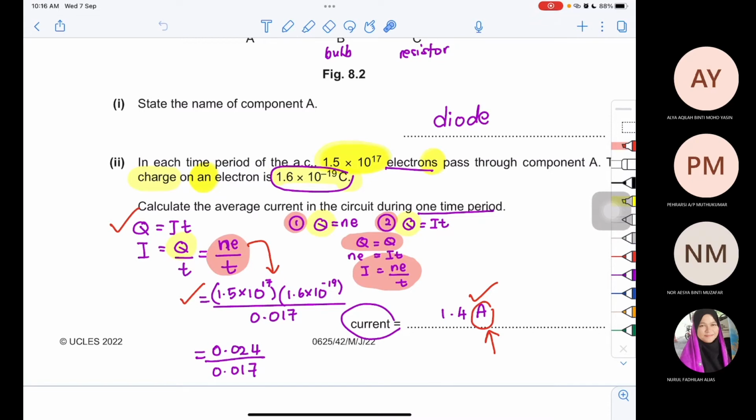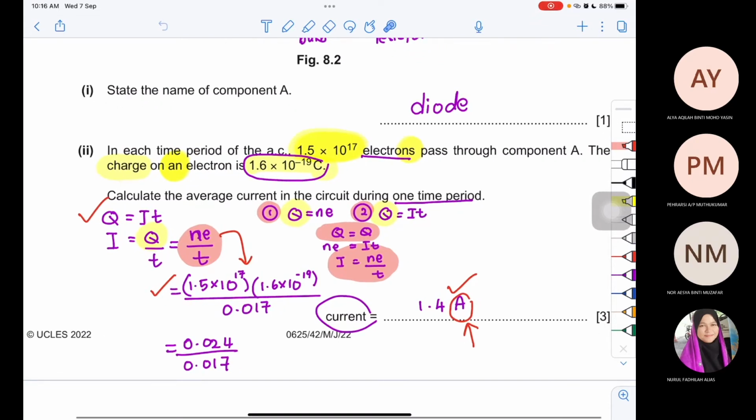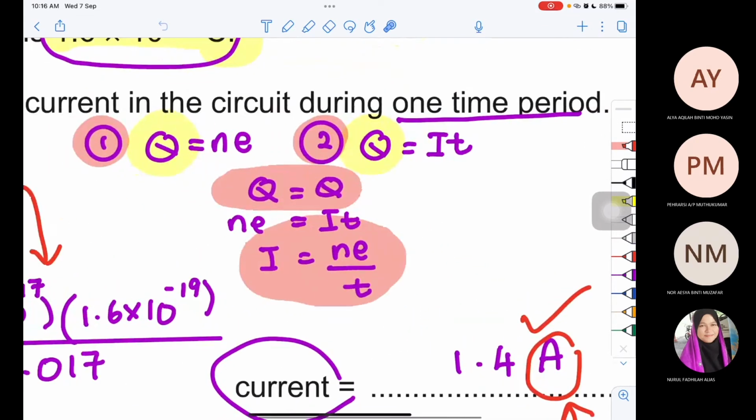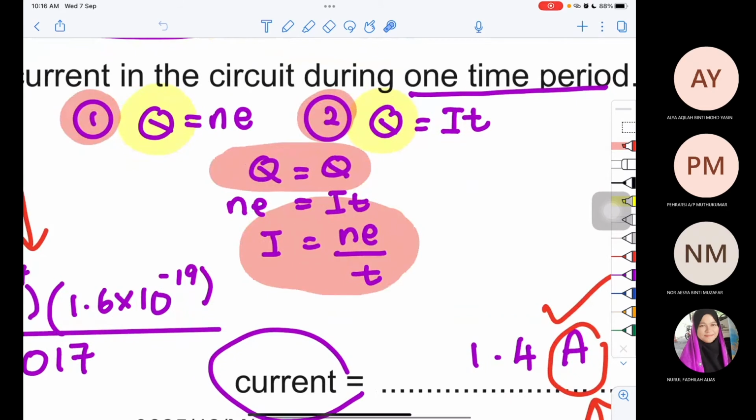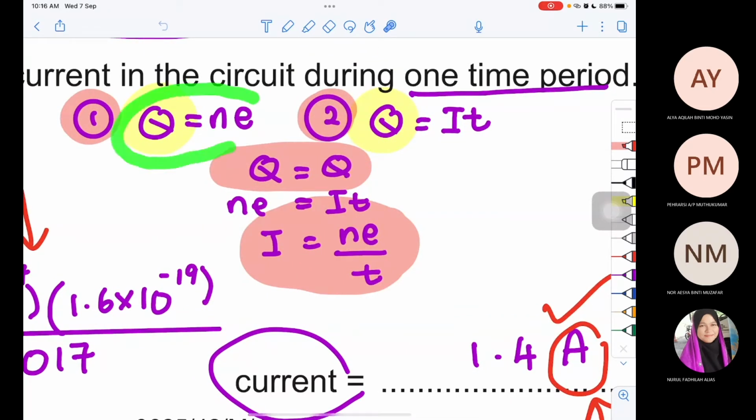Okay, macam ni ya. So let's kita recall balik. Okay, first saya ulang balik ya. Okay, first we have Q equals to NE. So Q equals to NE, and then another one Q equals to IT. Alright. Okay, these are the things that you need to know about charge. Okay.